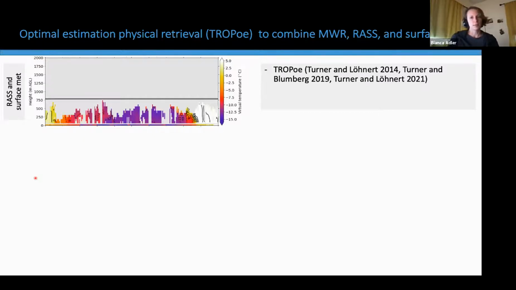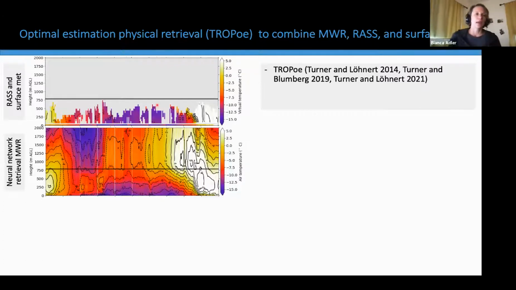However, the measurements are limited due to the temporal resolution, with profiles usually on the order of like 1 hour, and also by the vertical range. So the lowest measurement range is usually a few hundred meters above the ground, and the maximum range is often limited to a few hundred meters, especially when the atmospheric conditions are unfavorable, which you can nicely see here in this example.